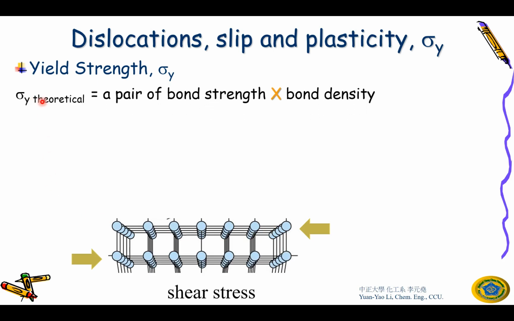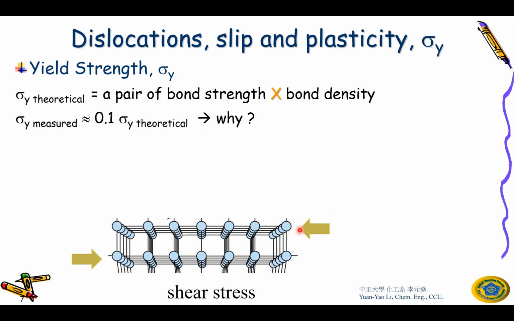Theoretically, you have a pair of bond strengths times the bond density. For example, you have bond density here 1, 2, 3, 4, 5, 6, 7 for the top layer on the surface. You want to calculate this yield stress.